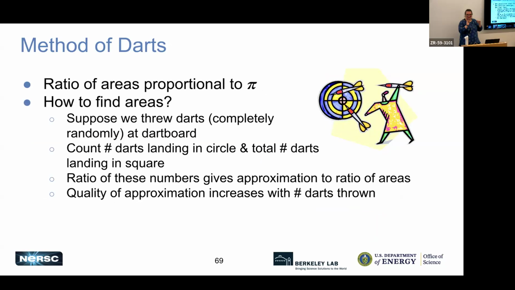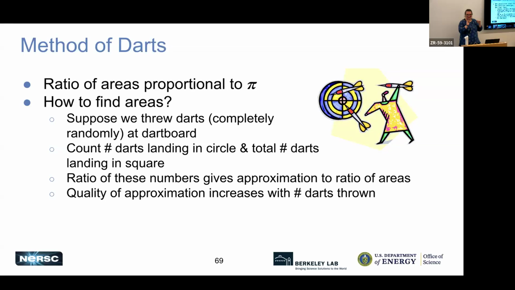So, okay, this is how we can do this. But then how do we actually find those areas? Well, let's say that we actually had an actual dartboard and we threw darts completely randomly at that whole square area. Okay, we could just count the number of darts that land inside of the circle, and the total number of darts that we threw that landed inside of the square somewhere.